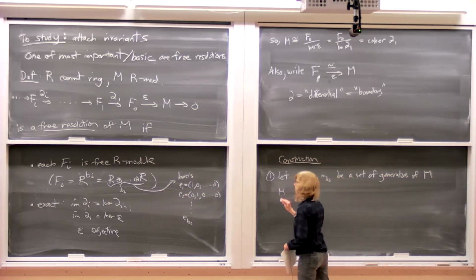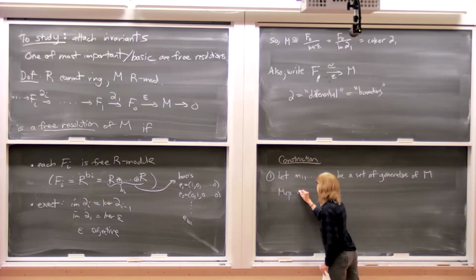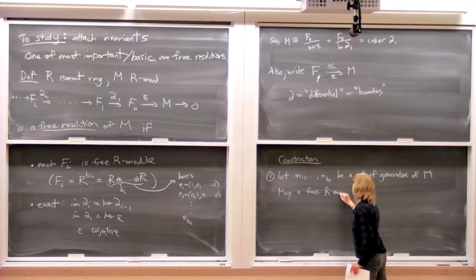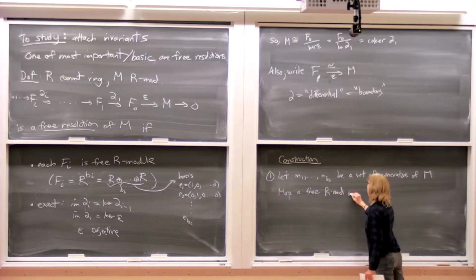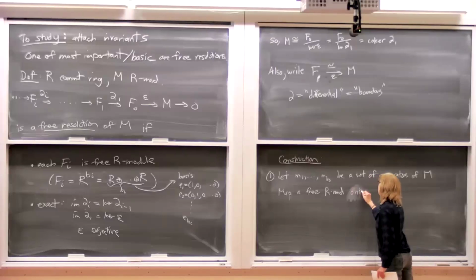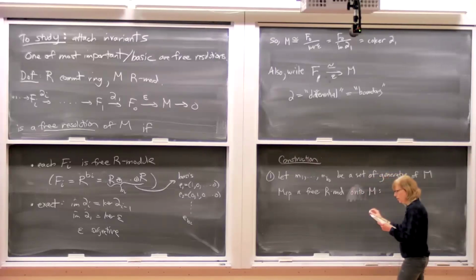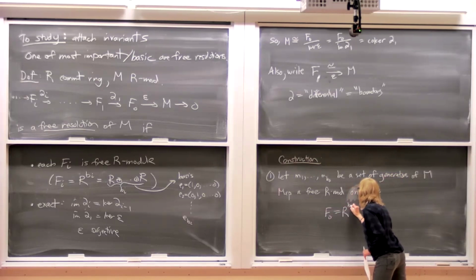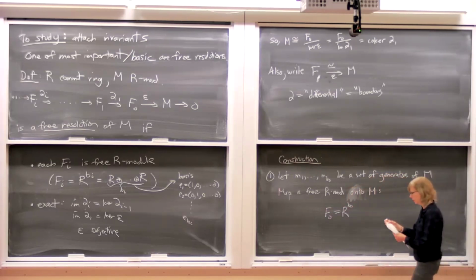So map a free R module onto M as follows. You just take F0 to be R to the B0, or really whatever cardinality basis you have.